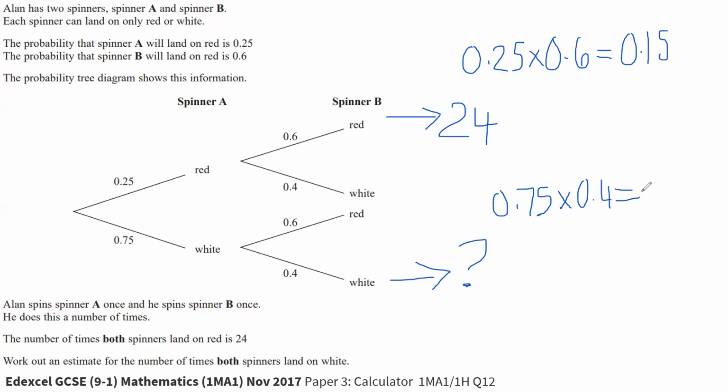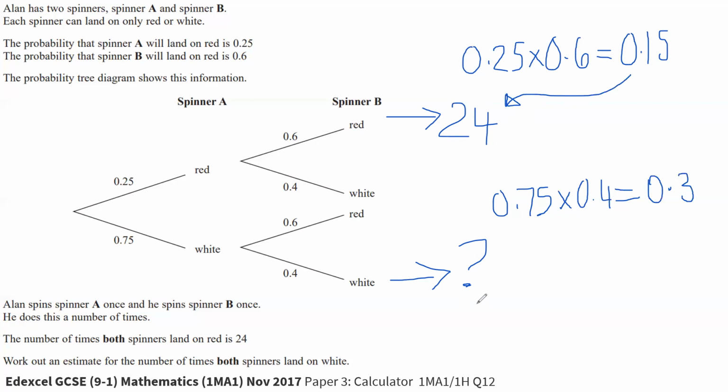And when you times this, remember you can calculate it if you need to. This is a calculator paper, and we're going to get the answer as 0.3. So we know that the probability of both spinners landing on red is 0.15, and the number of times this outcome happened was 24 times.